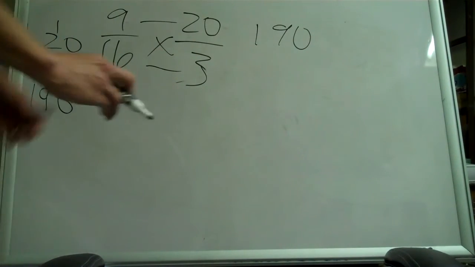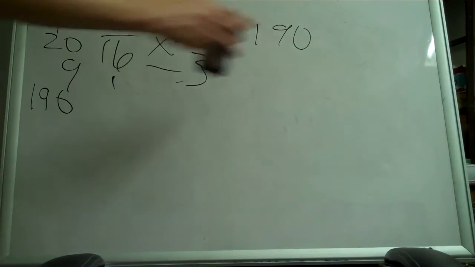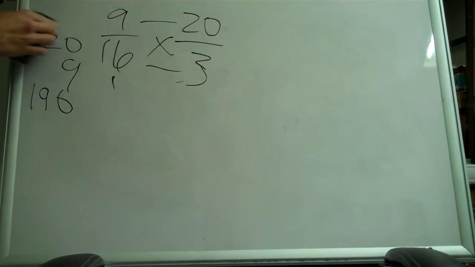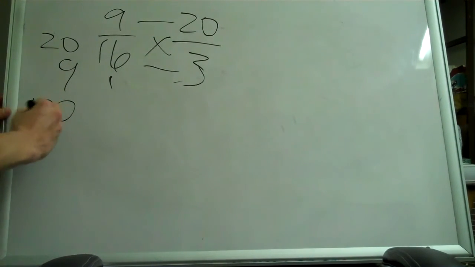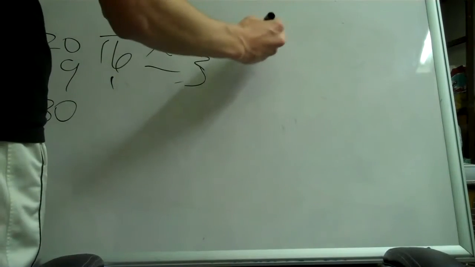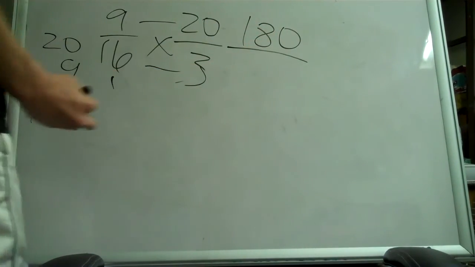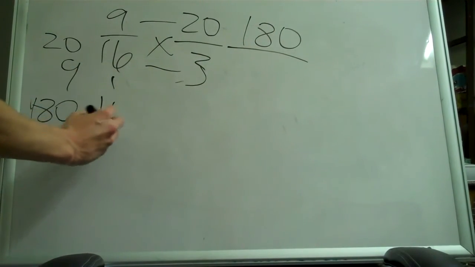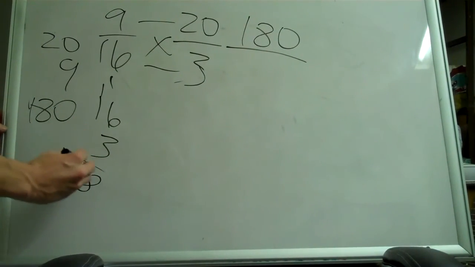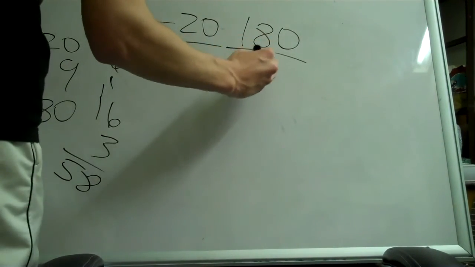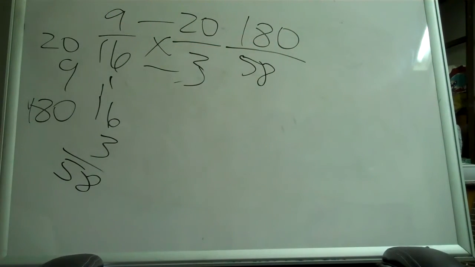No, that can't be. What am I thinking? I'm having a major brain fart. It's been a long day. Yeah, it's still 180. That's what I thought. 16 times 3, 18, 4, 5, 58. You reduce that.